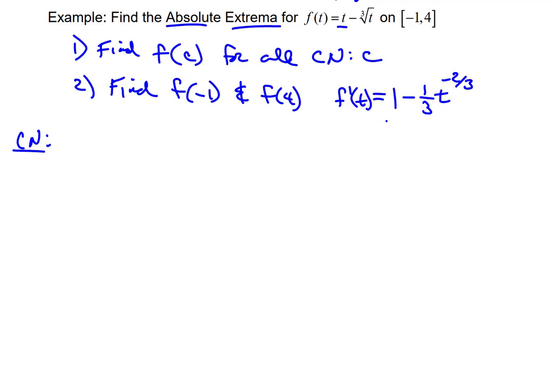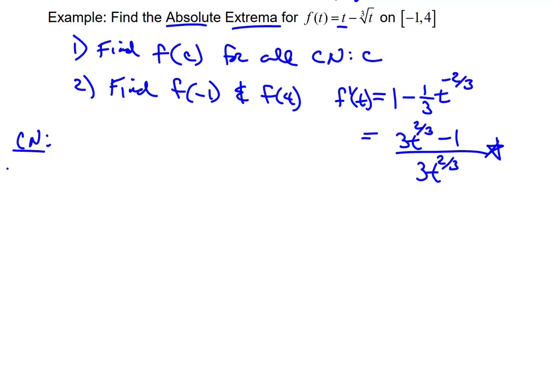Now, we may want to clean this up a little bit since we'll be using it to find other things, and we want it algebraically prettier than this. So if you find a common denominator, you could write this as 3t to the 2/3 minus 1 over 3t to the 2/3. That's just doing a little algebra there to get a common denominator. That's what we'll want to use for our derivative when finding where it's 0 or where it's undefined.